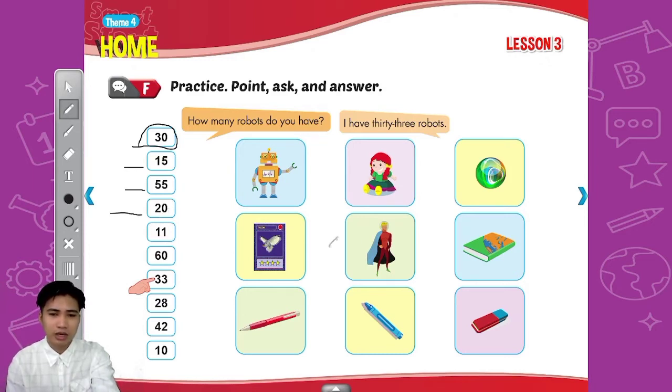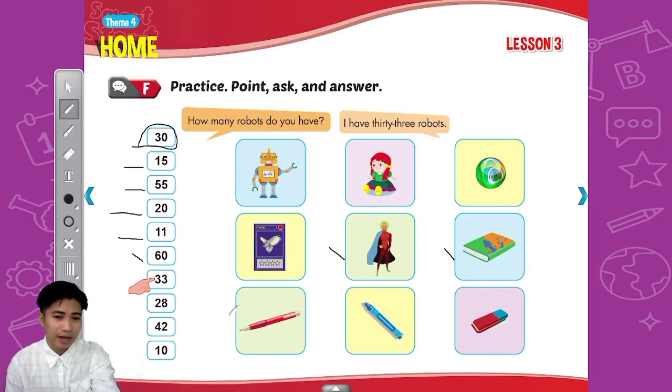Okay, the next object is action figure. How many action figures do you have? I have 11 action figures. For the next one, books. How many books do you have? I have 60 books. For this one, pen.